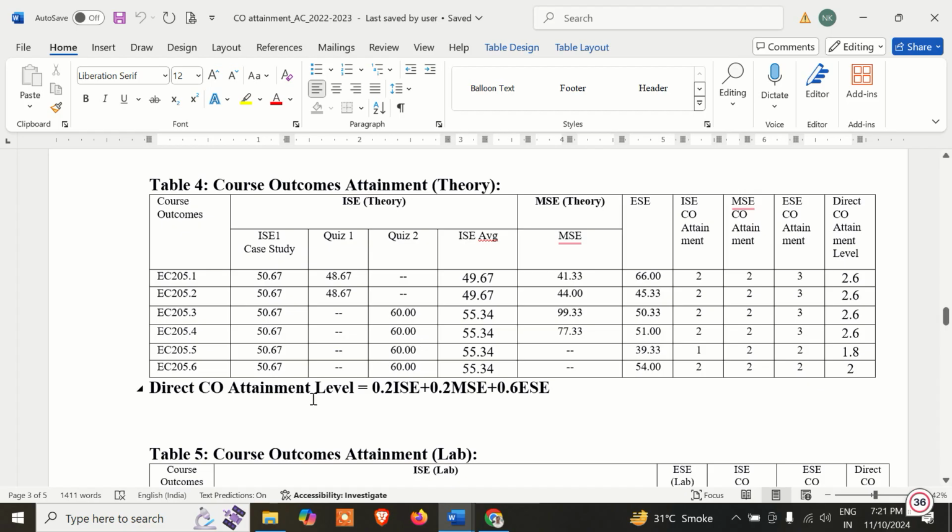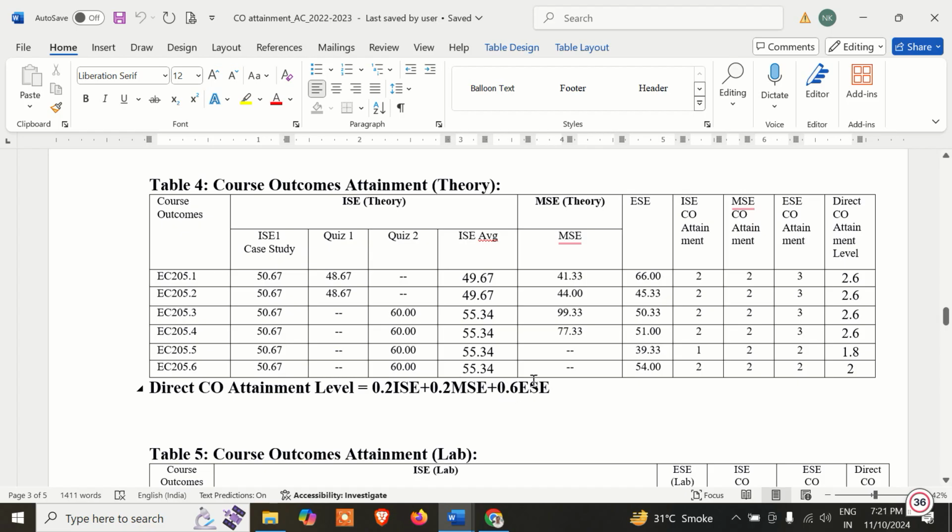Okay, so this is your direct attainment. However, you need to scale it again. When you say direct attainment, the weightage given for ISC is 20%, for MSC is 20%, and for ESC is 60%.